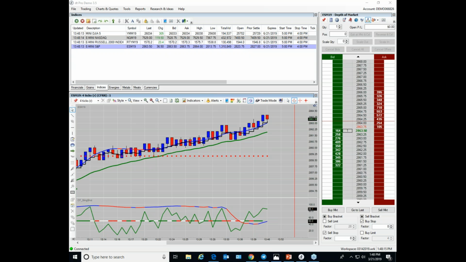No, I don't see anything that says we're turning right here. No, it's very strong right now. All right. Later, bye.